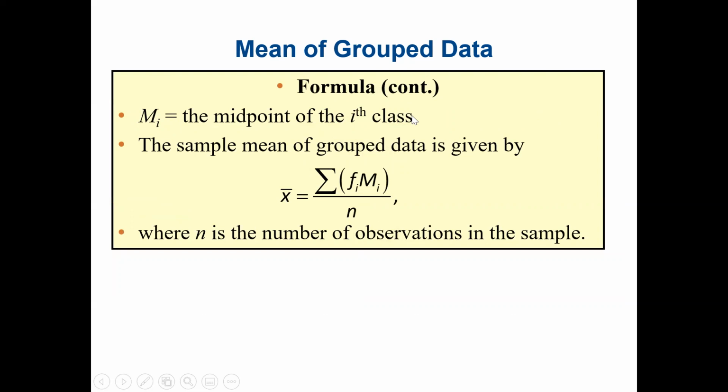So if we have between 120 to 130, the midpoint will be the average of the lower and upper values. Instead of using individual values, here we are going to use the midpoint and the number of observations, in this case Fi. So the midpoint will be, let's say, 120 plus 130 divided by 2, where 120 is the lower value and 130 is the upper value.